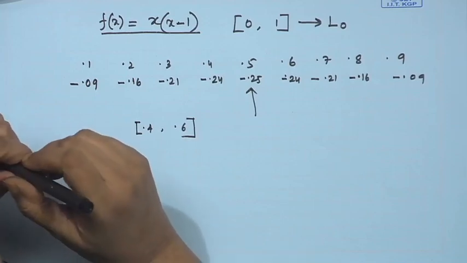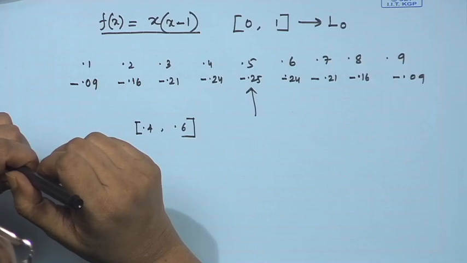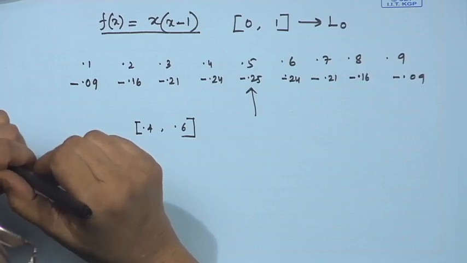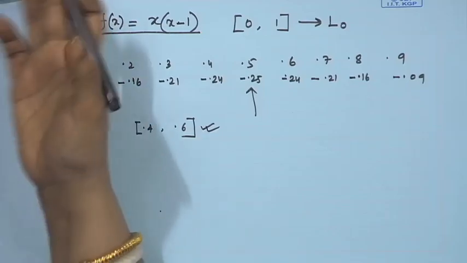We are getting the length of the new interval of uncertainty as 0.2, all right. This is the solution for it. This is another method for getting the solution.